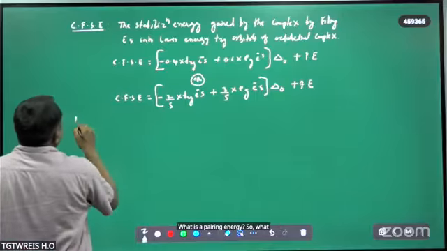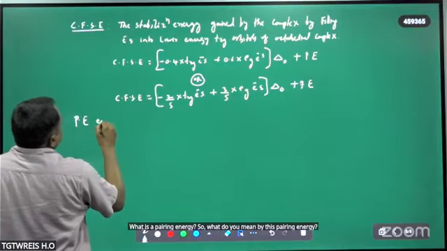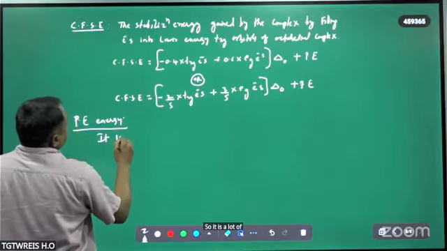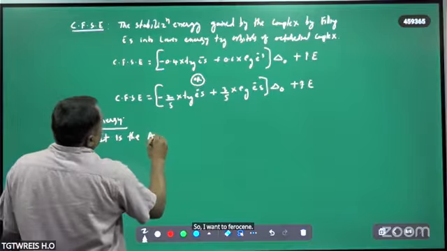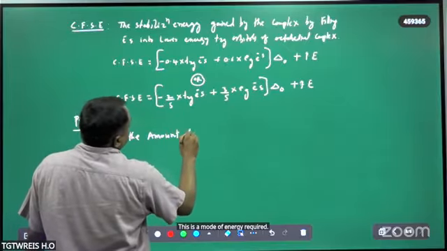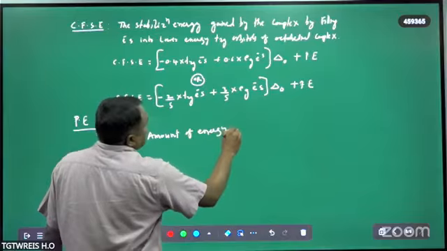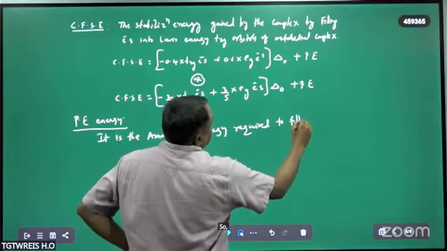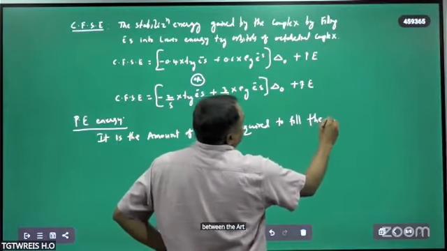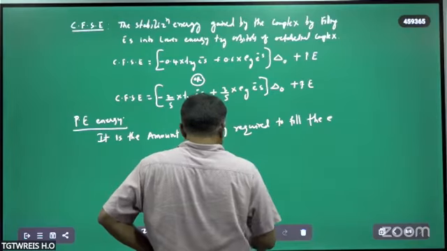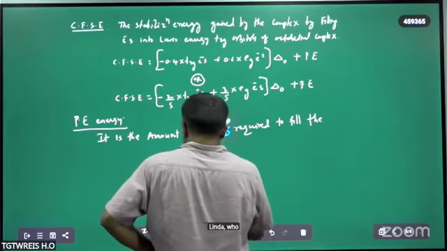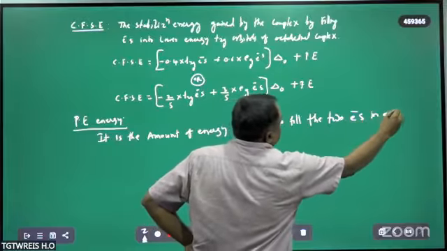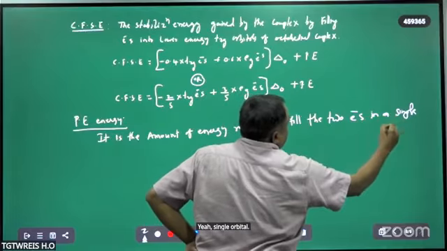What is meant by this pairing energy? It is the amount of energy required to fill two electrons in a single orbital.